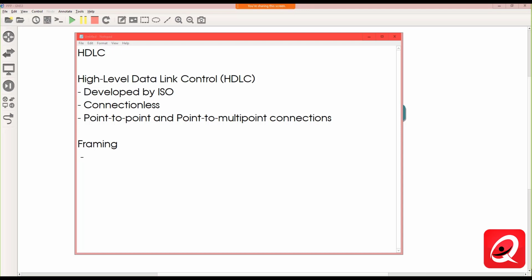But the beginning of each frame does need to be identified. So there is a flag field that's part of the HDLC frame header, a sequence of bits utilized to identify the frame delimiter. It's 8 bits. It starts with a 0 and ends with a 0, with a bunch of 1s in the middle.